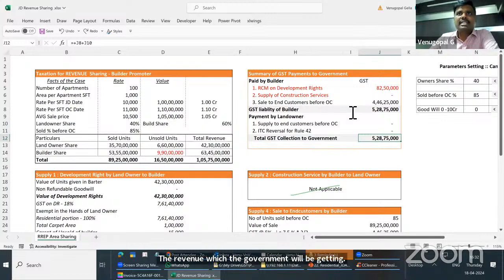Now, let's look at this in the area sharing. The other day we had the same example as area sharing.